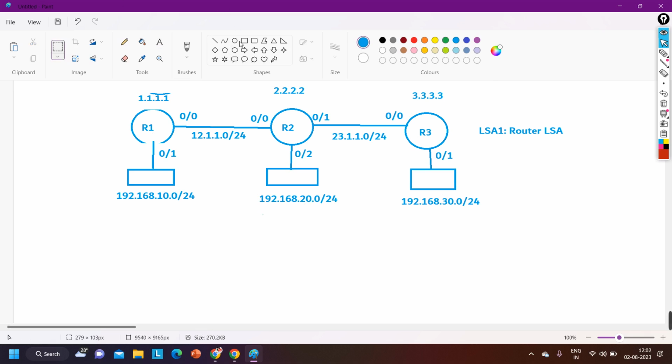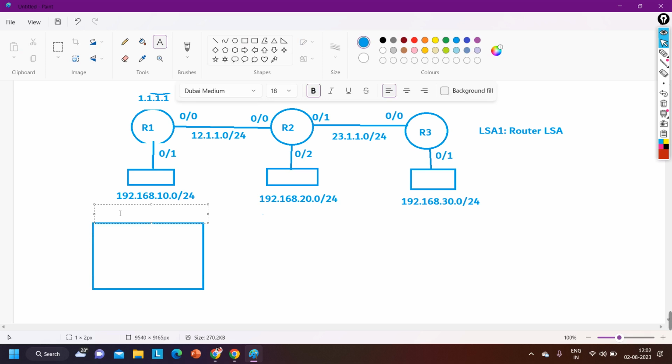If I talk about the LSA1 of router 1, let's say this is the LSA1 of router 1. LSA1 means router LSA. Inside the router LSA, router 1 is going to keep all its links.